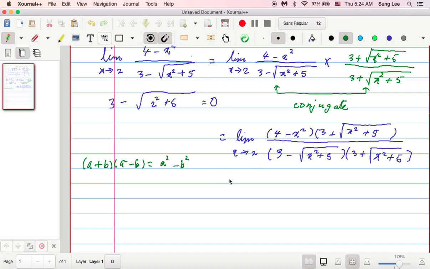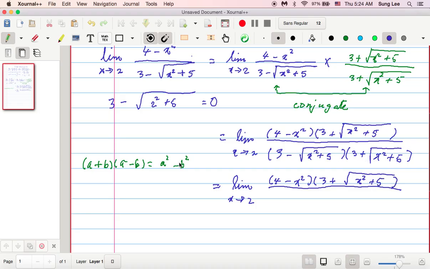So we continue. This is the limit as x approaches 2. The top part stays the same: 4 minus x squared times 3 plus the square root of x squared plus 5.